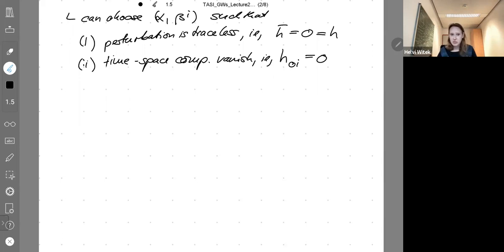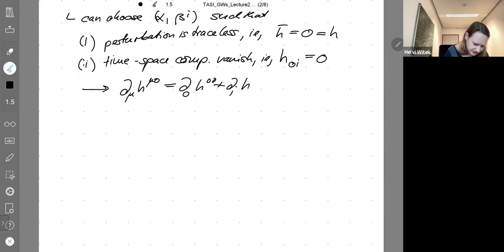Now, what are the consequences of that? Let me just use arrows to indicate the consequences. First of all, let's look at the harmonic gauge and the 0 component thereof. If we write this out, we can write it as partial 0 h00 plus partial i h0i. Since we put h0i to be 0, the entire second component is 0.